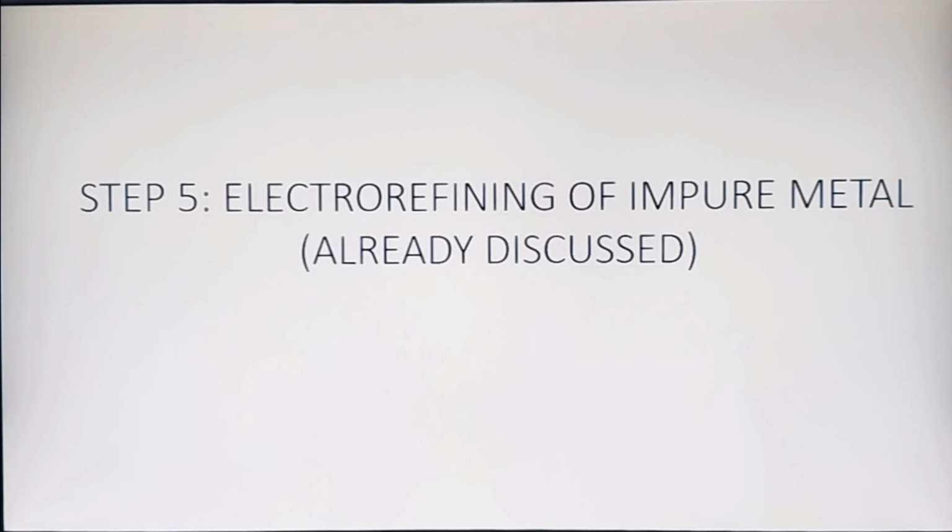Okay, we are trying to remove the impurities. Step 3 is we are trying to convert it into an oxide. What are the 2 ways by which it can be converted into an oxide? Either we do it by roasting or we do it by calcination. Okay, then once oxygen is added to it, our next step will be to remove that oxygen. It's called reduction of the metallic oxide. So when we are reducing the metallic oxide, we are converting it into a metal. And the last step is called electrorefining.